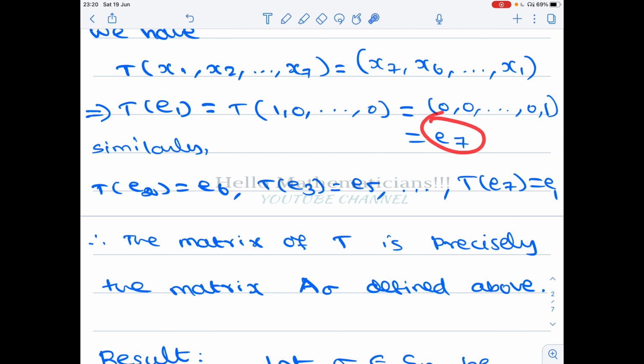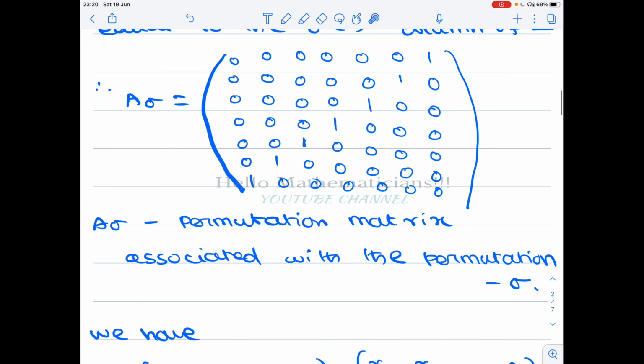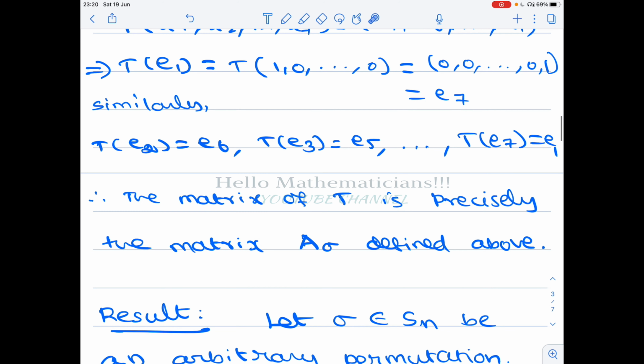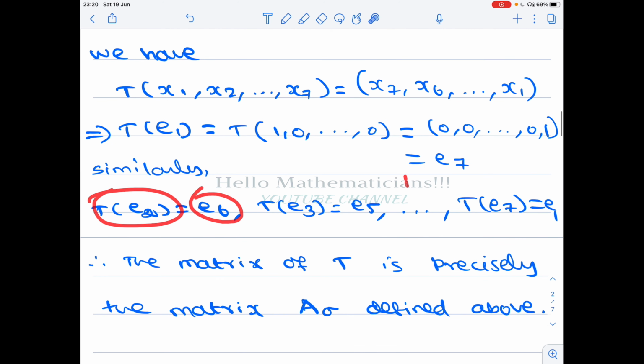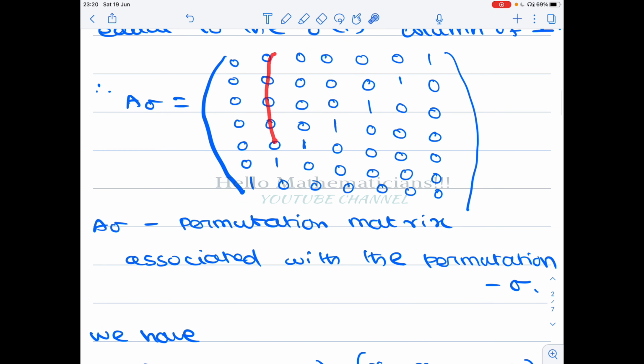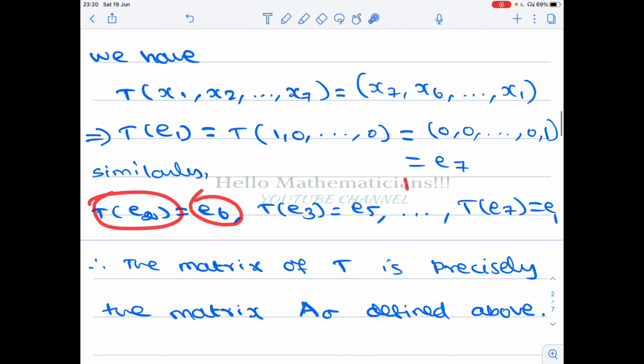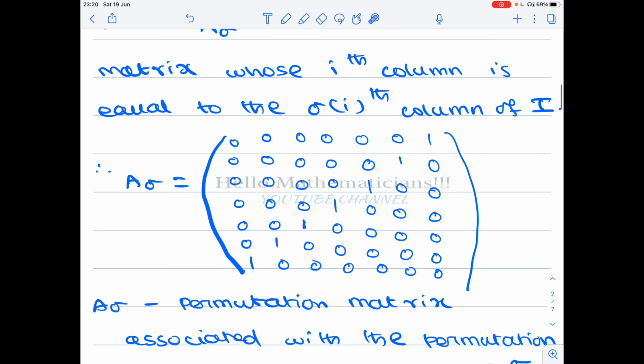So what is the first column of the matrix associated to the linear transformation T? That will be E7. Okay. So the first column will be E7. The second column will be the image of E2, that is E6. So this is E6. So the third column of the matrix associated to the linear transformation T will be the image of E3 written as a column. So that is E5 written as a column.